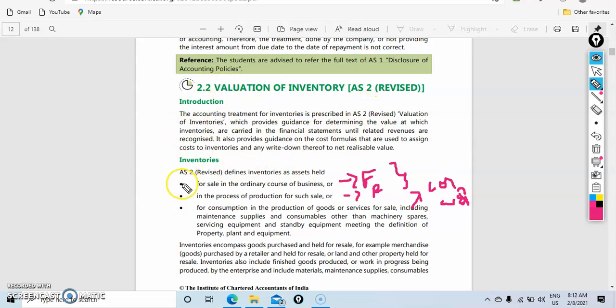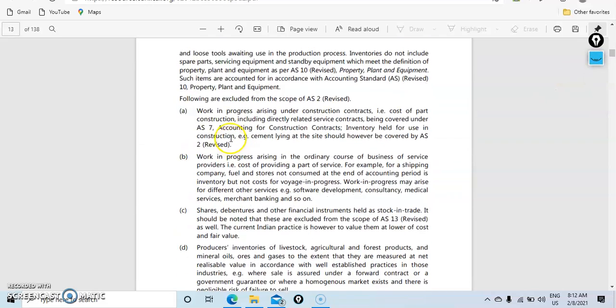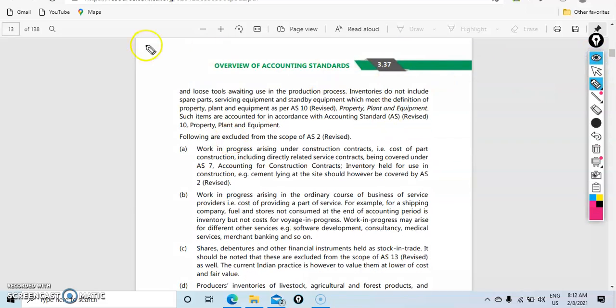Inventory means it is in the ordinary course of the business, in the process of production for such sales, and for consumption in the production of goods and services. Now we understand the definition of AS2, and we should see from the point of view of the business whether it is the normal course of the business or not.